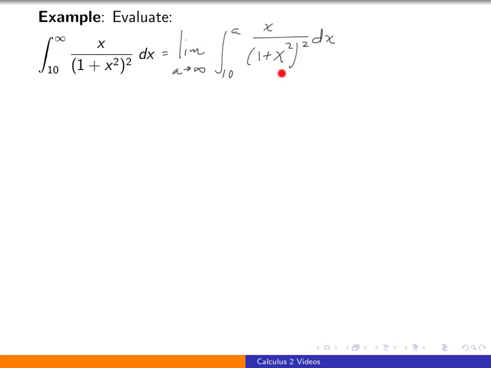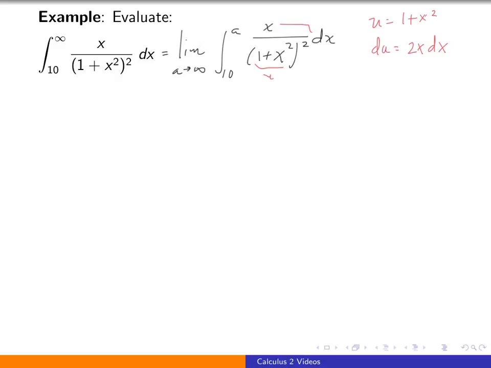Looking at the form of our integral, the 1 plus x squared and then the x, that indicates a substitution. We're going to let u be 1 plus x squared, so that du is 2x dx. So 1 plus x squared in the bottom is u.